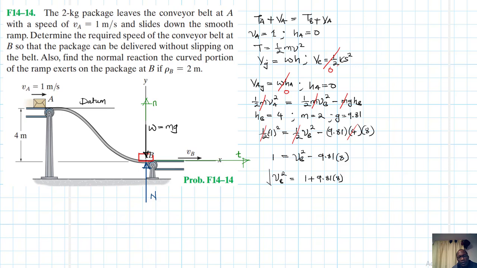Then we take the square root on both sides.